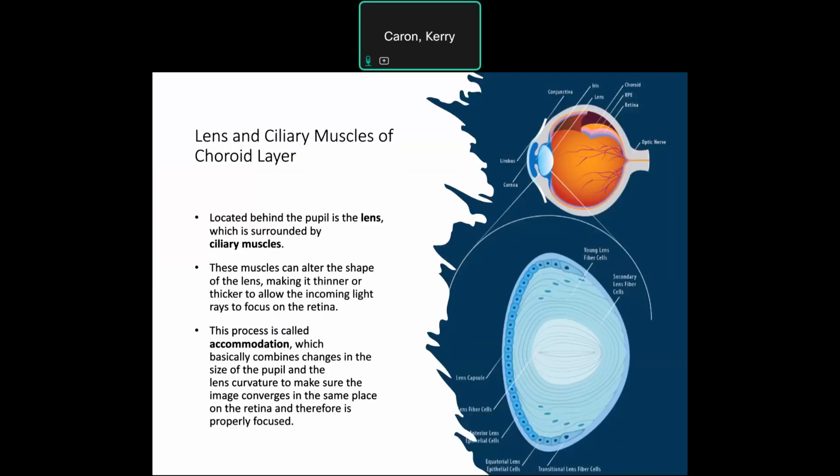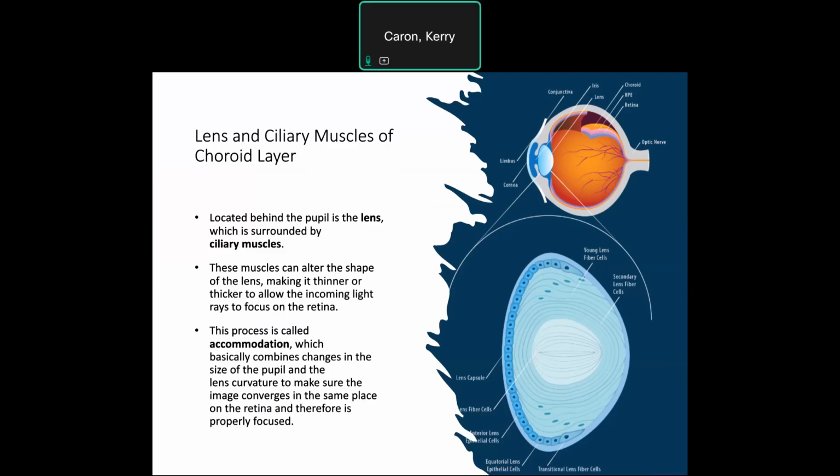The lens is directly behind the pupil, and it looks like this, the blue diagram, and it is surrounded by ciliary muscles. These muscles will shape or morph the lens, making it thinner or thicker to allow incoming light to focus.